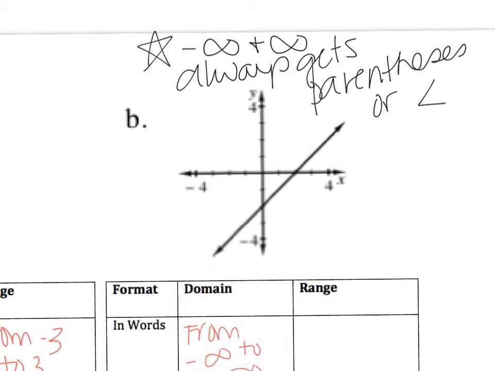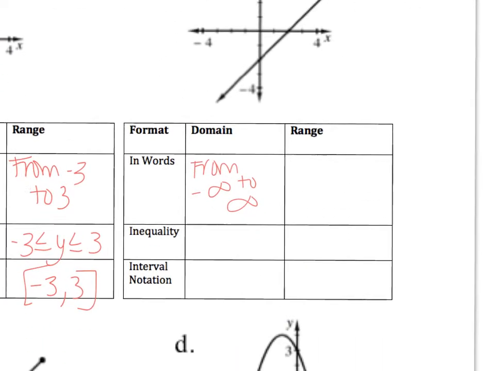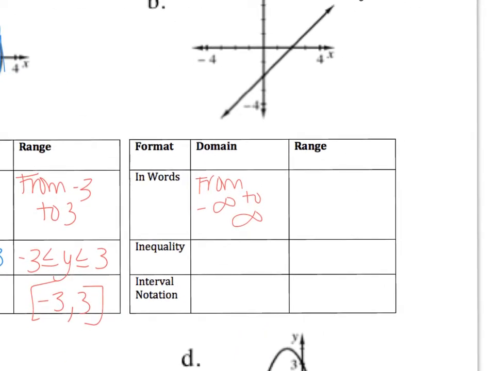They're never included, ever. So when we go to do the inequality, we're going to have negative infinity is less than x, which is less than infinity. And the interval notation is going to be in parentheses because you never put that in a bracket. Infinities always get parentheses.